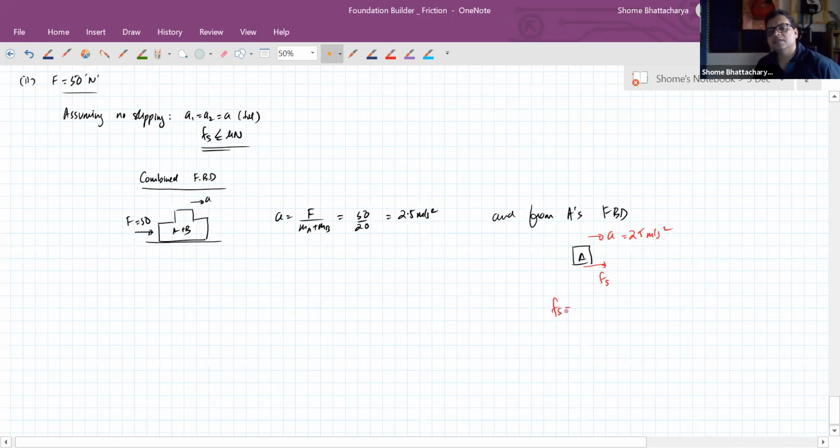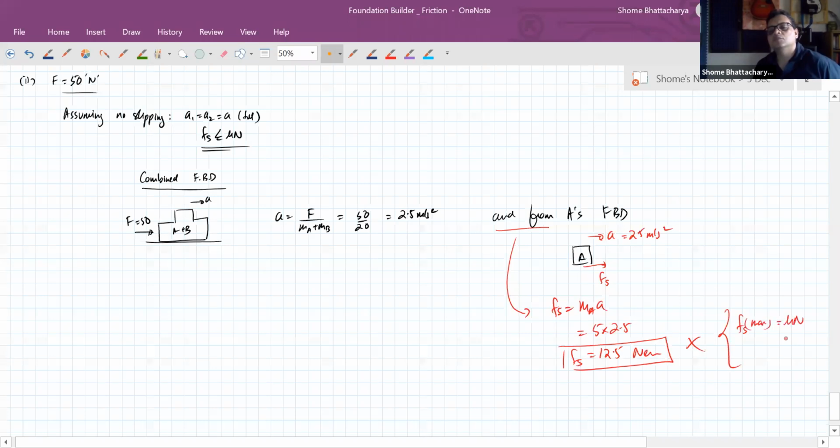So static friction is equal to 5 into 2.5, so 12.5 newtons of static friction is needed. I can see that this assumption is not possible because maximum static friction was equal to 10 newtons.